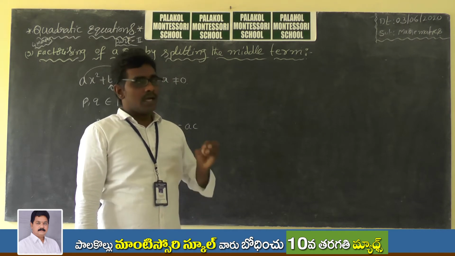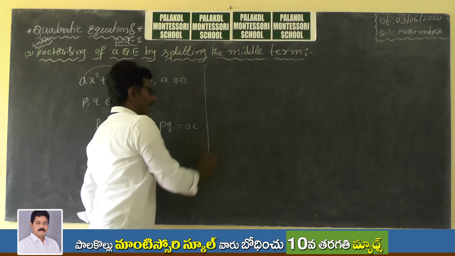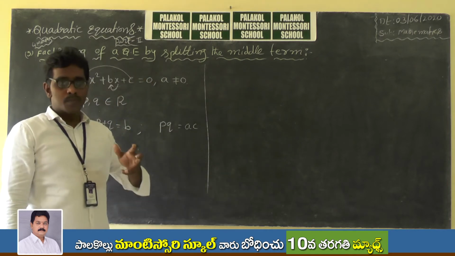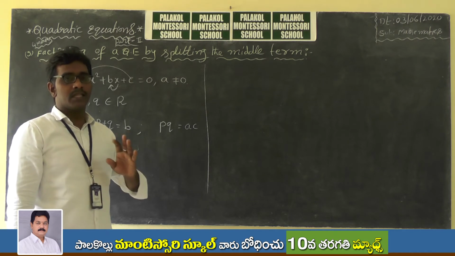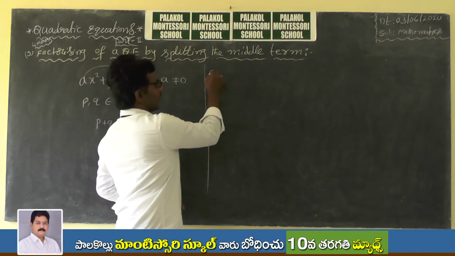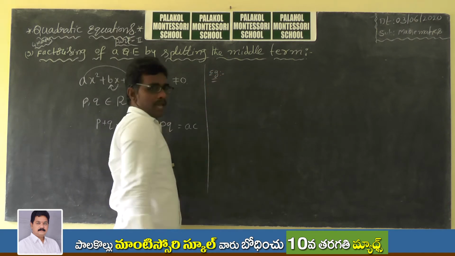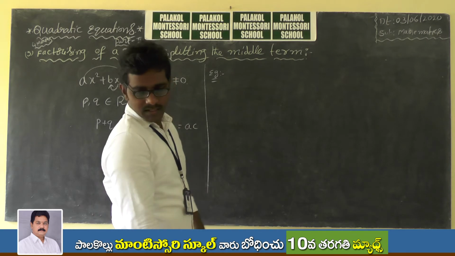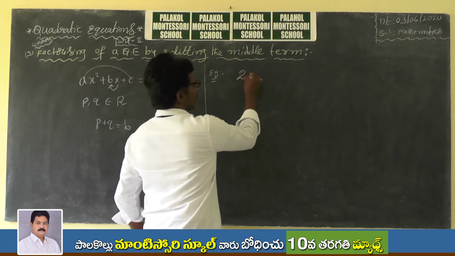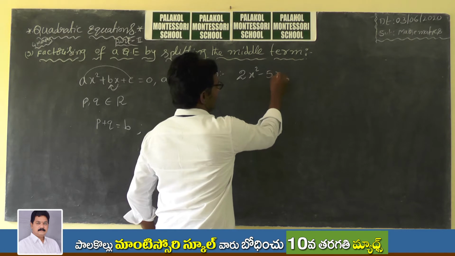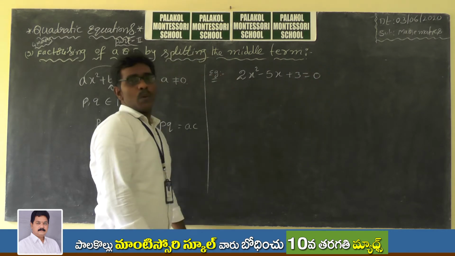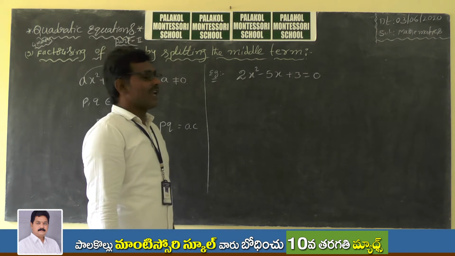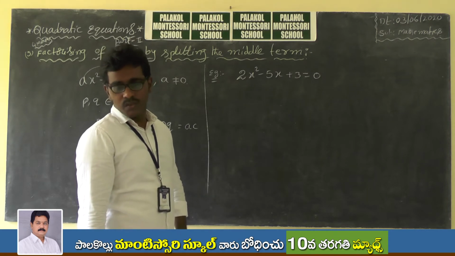Okay guys, now I write one sum on the blackboard. You observe, be careful, don't disturb. So first I write one sum on the blackboard, that is 2x square minus 5x plus 3 equal to 0.